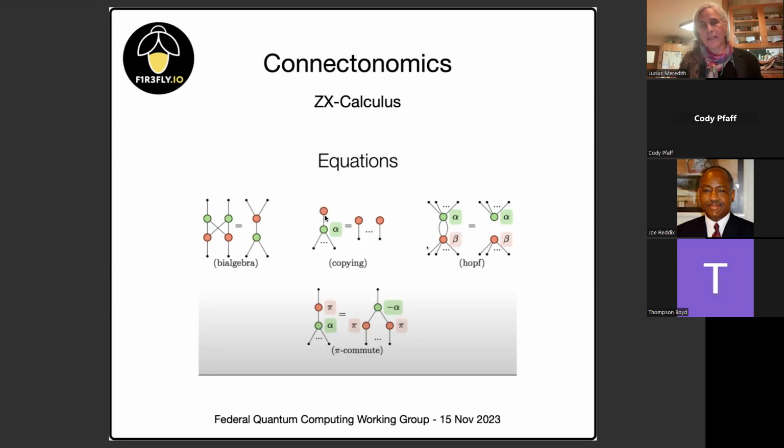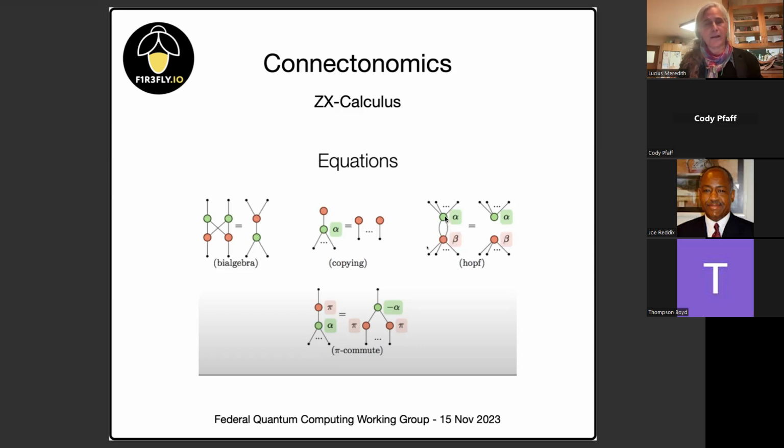When I have a red unit wired up to a green duplicator, then I get to push the duplication through. In Ross Duncan's introduction to ZX calculus, he describes it this way: there's no real communication. This equation says there's no real communication across two different orthonormal bases.